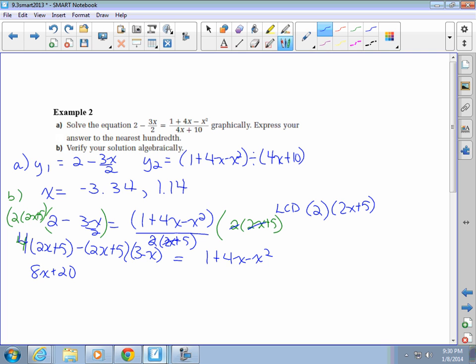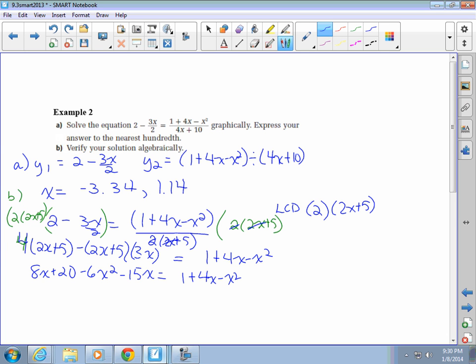Well, that's not a 3 minus x, that's just a 3x. So negative 3x times 2x plus 5, that's going to be negative 6x squared. Negative 3x times 5 is going to be negative 15x, and that equals 1 plus 4x minus x squared.